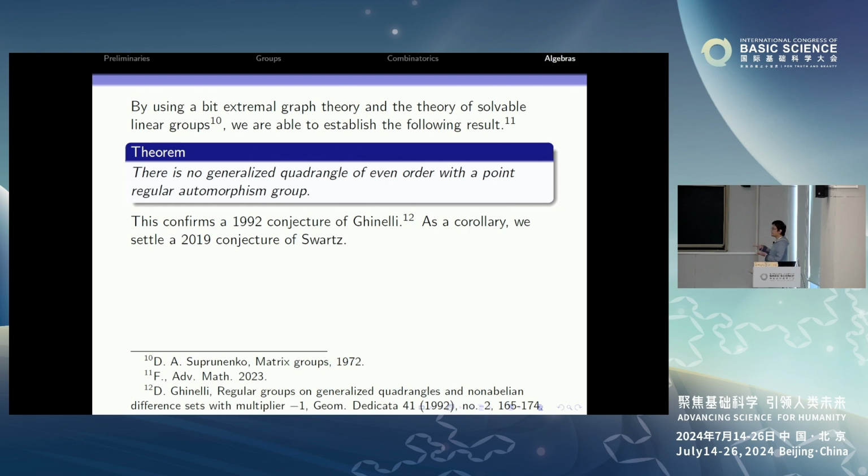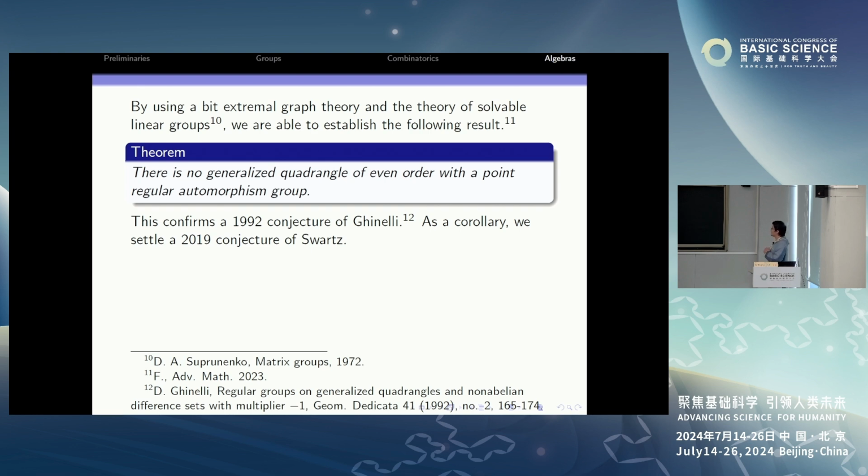Regular means transitive, and the stabilizer of one point is trivial. This confirms a 1992 conjecture of Ghinelli, and the proof uses a little bit of extremal graph theory, actually the expander mixing lemma, and the theory of solvable linear groups.